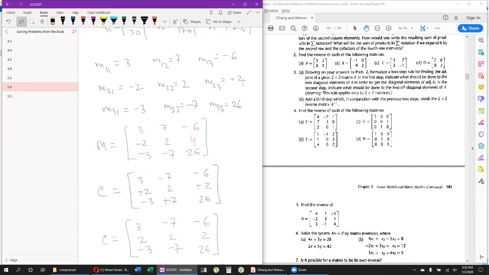So if that is 4, this will be minus 4 then.